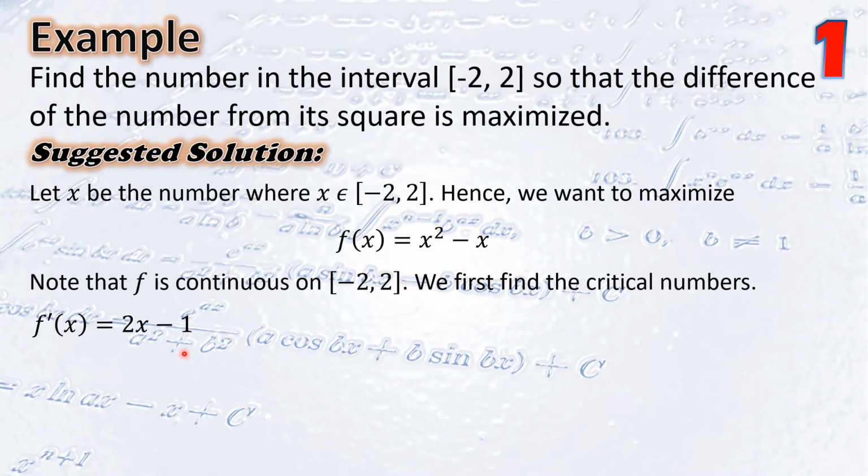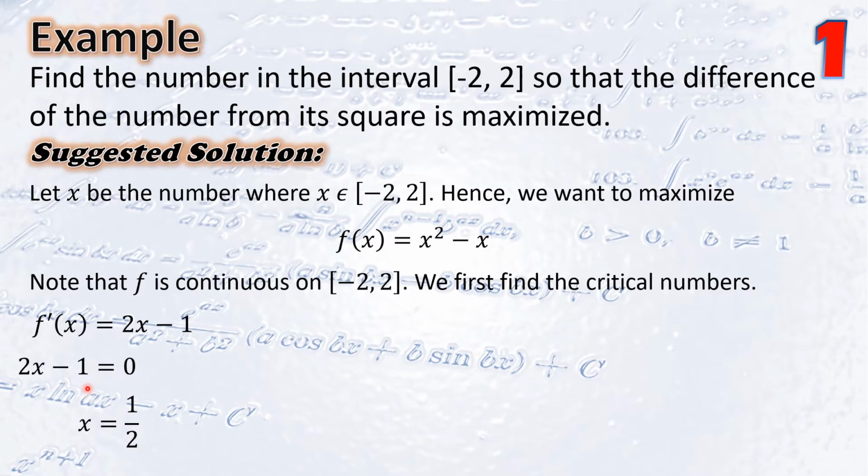From here, we get the critical number. We equate f prime of x to 0. So we have 2x minus 1 equals 0. Then, we only have one critical number in the interval -2, 2, and that is x is equal to 1/2.